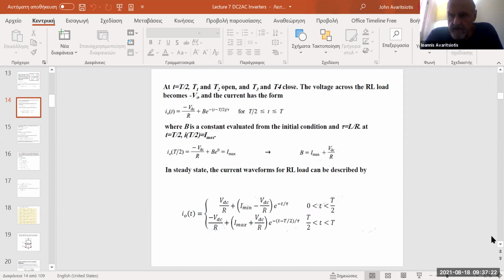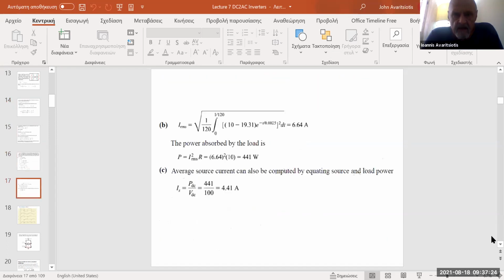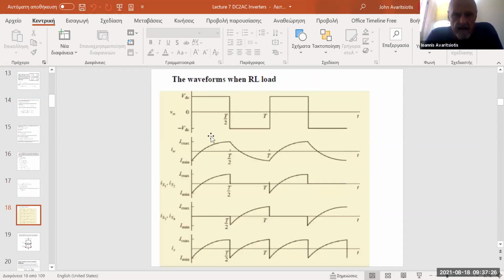And this is exactly what you would expect to see if I go back here. These equations describe mathematically the behavior of the load current, which varies from a negative minimum value to a positive maximum value, which we call here I min and I max, minimum and maximum currents, and the current swings around 0 amps.